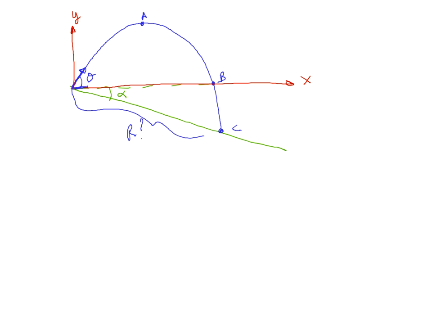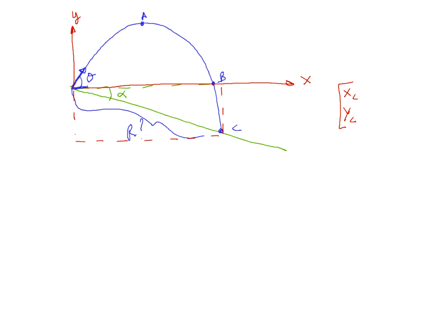The trick is to realize, whoa, point C, which is the point of interest. Really, if I'm looking for the range, all I need to figure out is the component of C. If I know xc or yc, I'm good to go.